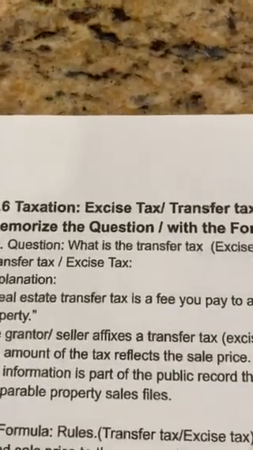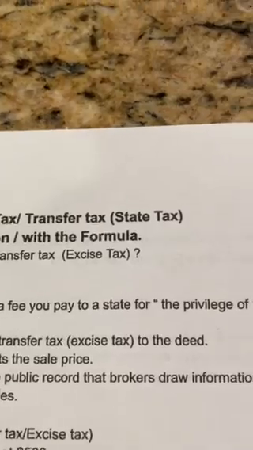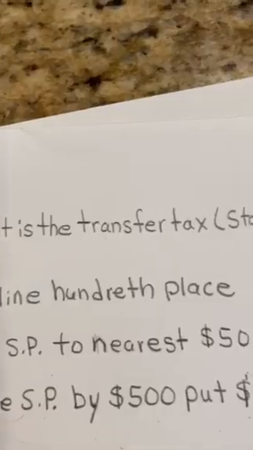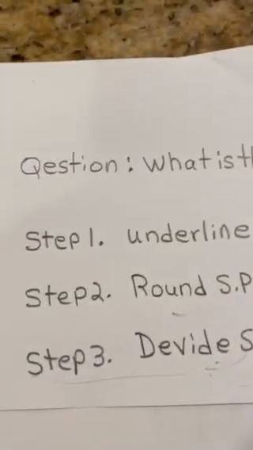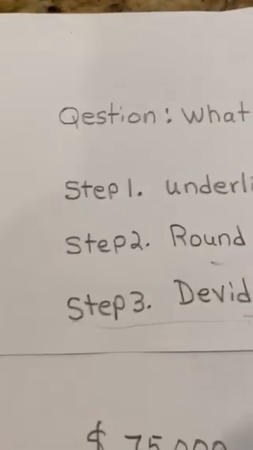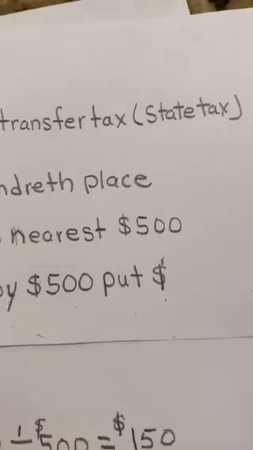Remember to memorize your question. What is the transfer tax, excise tax? And memorize your steps. Step 1, underline the 100th place. Step 2, round the sale price to the nearest 500. And step 3, divide sale price by 500.